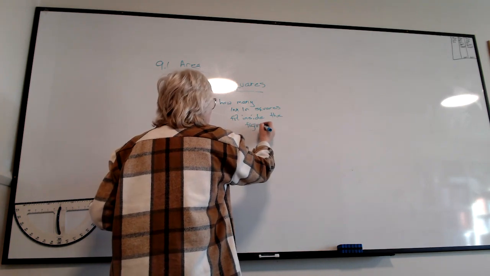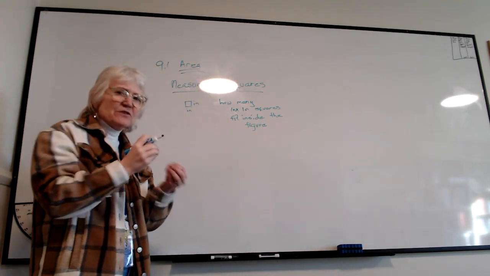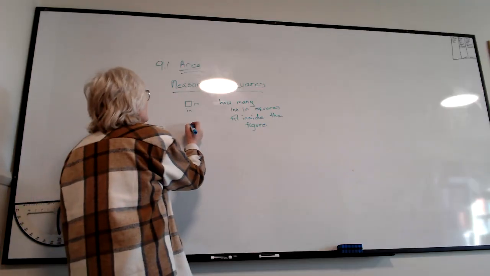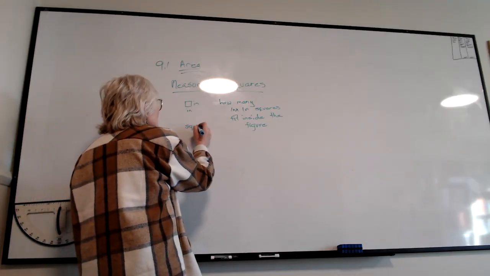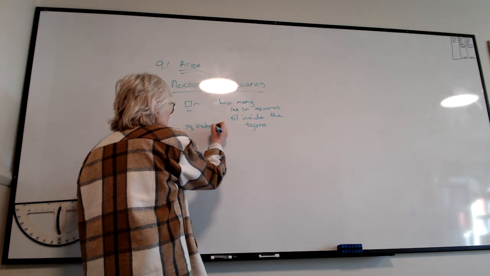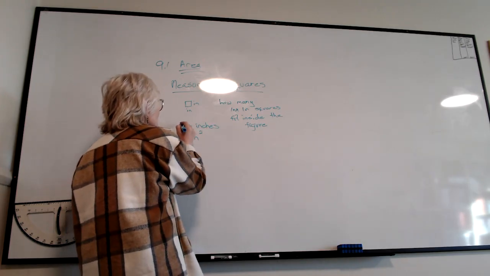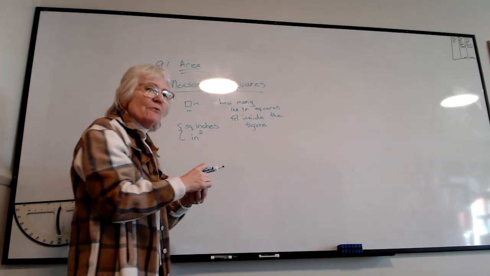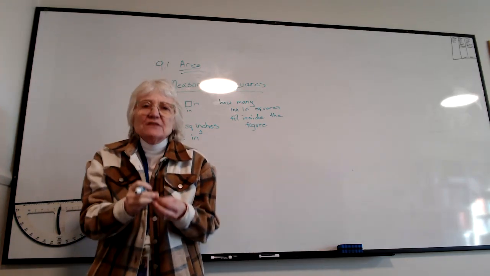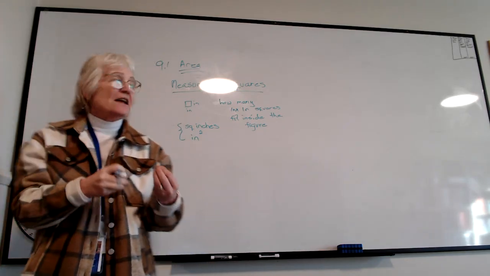Okay, so that's really what we're asking: how many squares? That's why it's called square inches, or we write inches with a little squared sign. Both of these are the same thing, but we're really saying how many inch by inch squares fit inside.